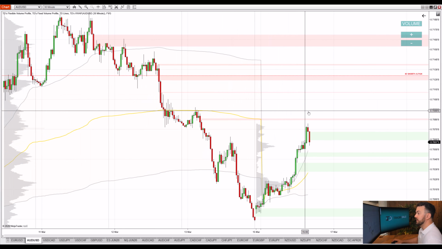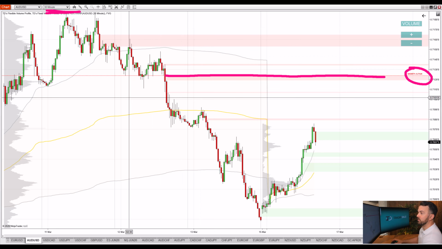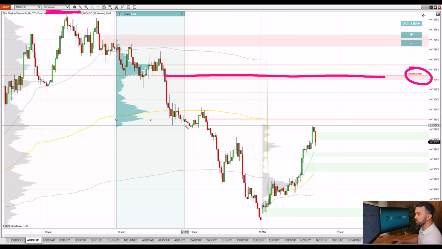So, in here, I wanted to show you a little bit older level, a couple of days old. It's a short right here at 0.7124. By the way, this is still a 30-minute chart. All those intraday trading charts are 30-minute time frame, okay? Now, this level is based on a volume profile setup, which I call the volume accumulation setup.